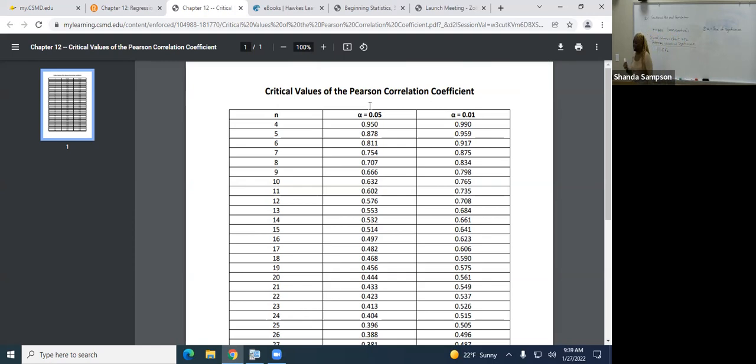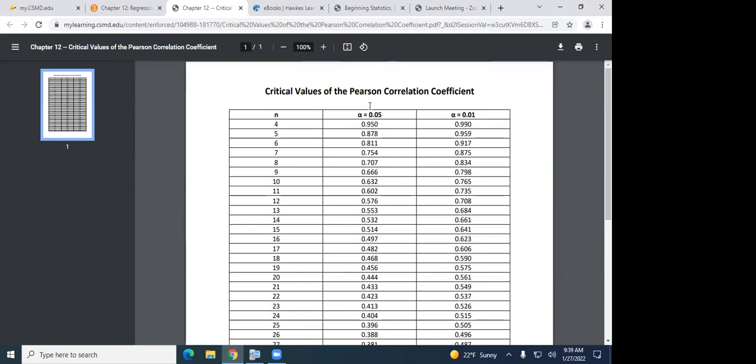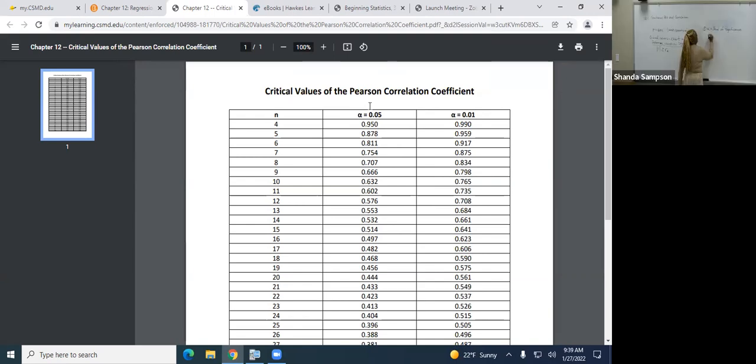So what do we need to read this correlation coefficient chart? All we need is the level of significance and N. By now, from chapter 1, you should know N is what? Yes, the number of data points.